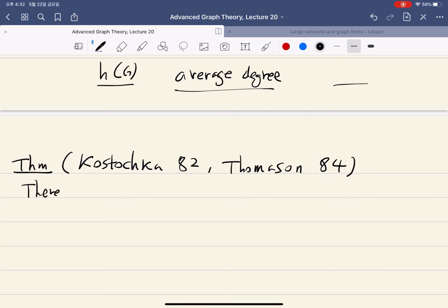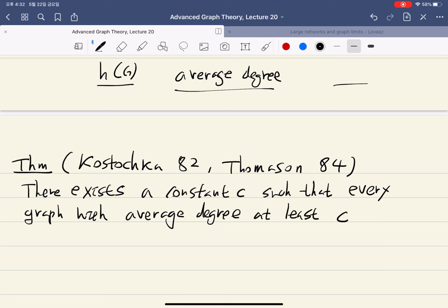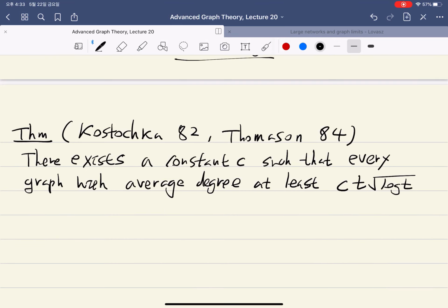They show that there exists a constant C such that every graph with average degree at least C times t times square root of log t has a K_t minor.